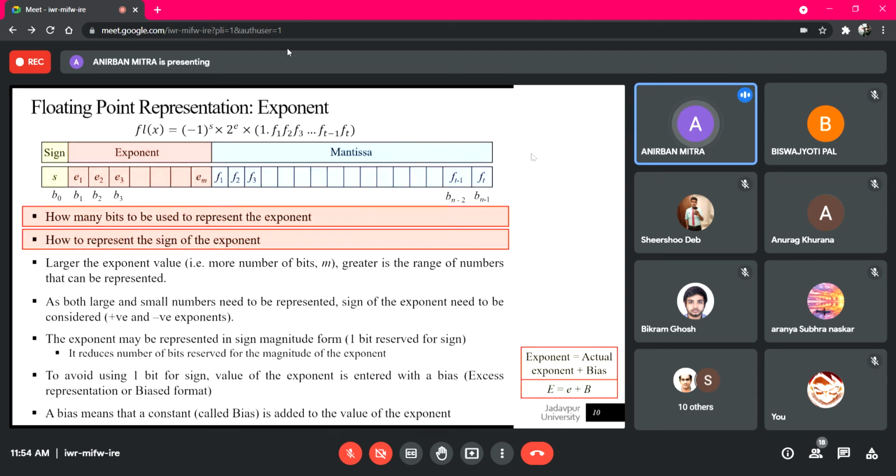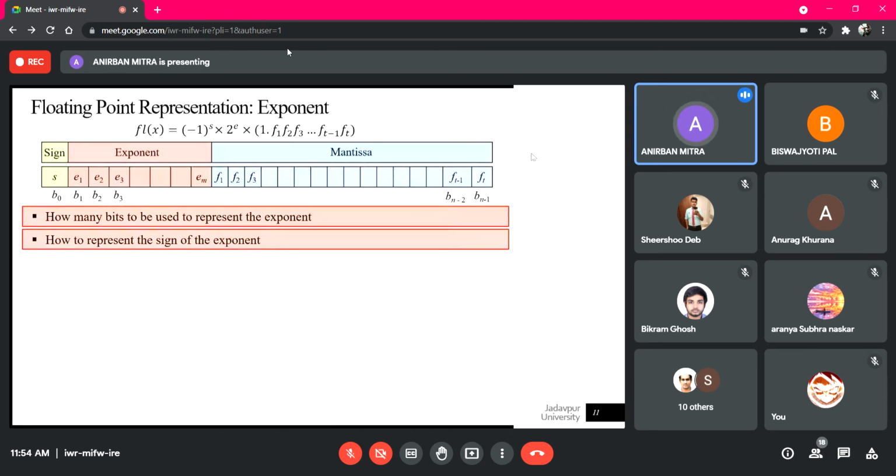So if the biased exponent is represented by capital E, then capital E is equal to small e, which is the actual exponent, plus the bias. I think this needs to be explained in a little bit more detail, and that is what we'll do in this slide.